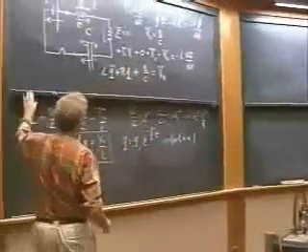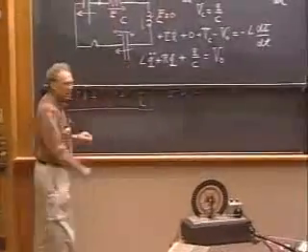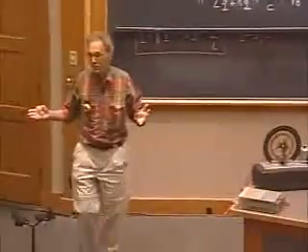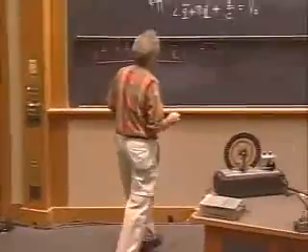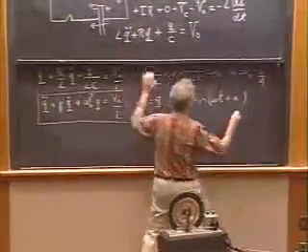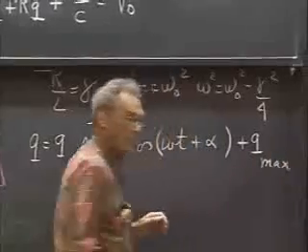Whereas here, the oscillation in the charge will end up, if we wait long enough, with a fully charged capacitor. Because when the oscillation has died out, the capacitor has been fully charged.